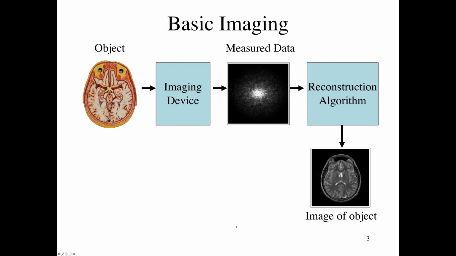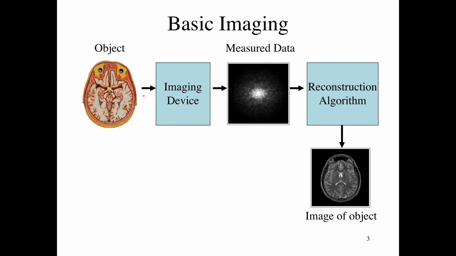So this is the basic outline of how imaging works, the way we're going to look at it. We have an object. Let me see if I can make this pointer a little brighter. Can you see that pointer? Okay, so here's our object. In this case, this is called an axial slice through a human brain, so through somebody's head.